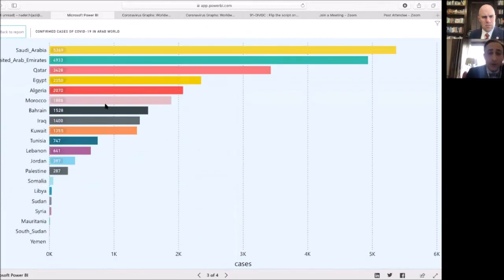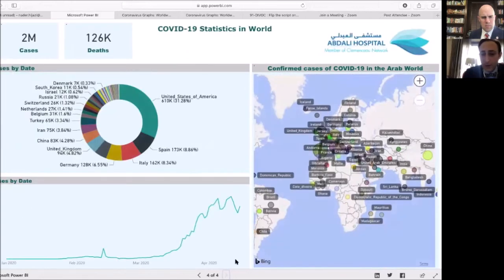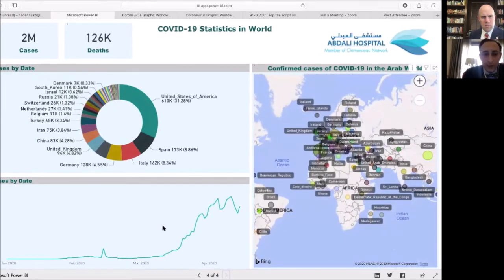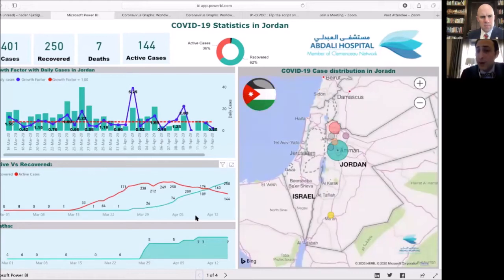You can maximize it to show it clearer. So this shows where we are compared to other countries. So this is a basic one. And the last one is a very simple one for the rest of the world. It just shows you the total cases and percentages and some simple graphs. The main purpose for this web page was to look at local statistics.